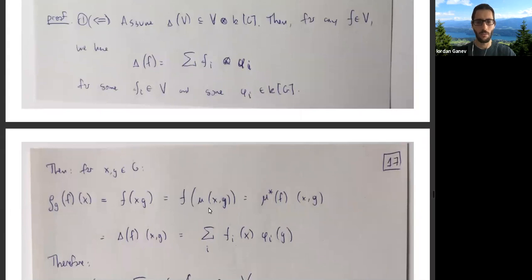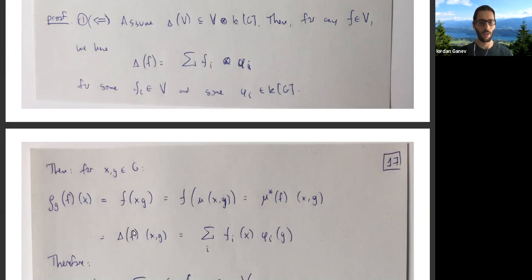Now remember, by definition this is just the pullback of F under mu applied to x comma g. This is just different notation for the same thing. And we had a name for this pullback of the multiplication. That's just the coproduct, right? That's where the coproduct came from, by pulling back the multiplication.